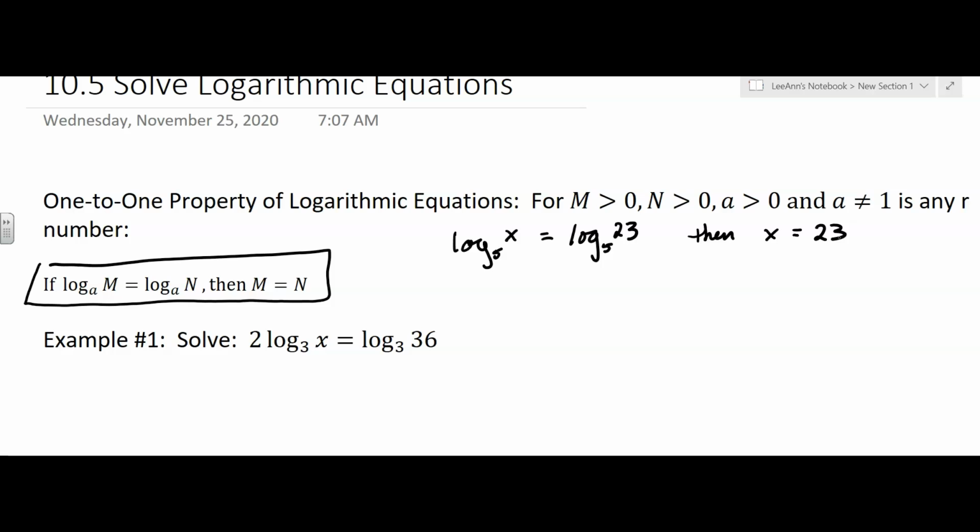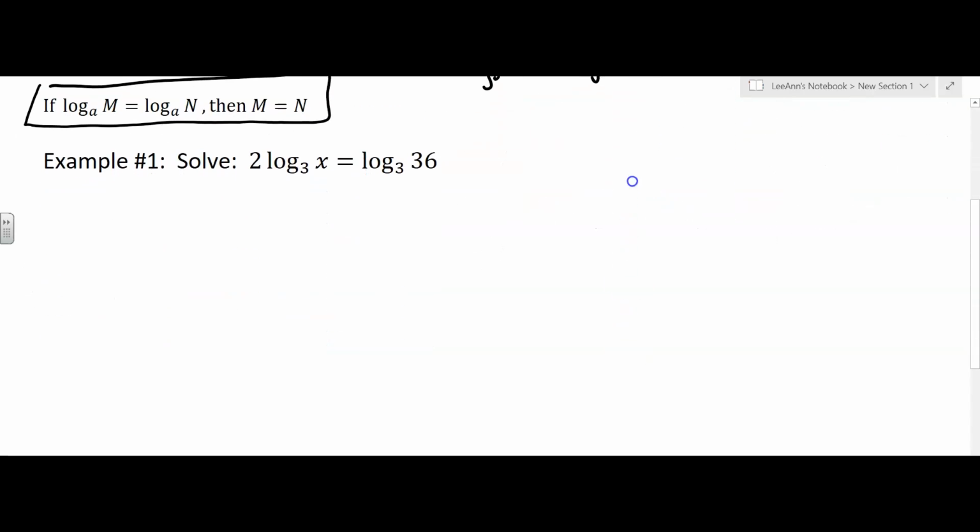Okay, so we'll try an example. It takes a while to get used to these. So right now, I don't have just log base 3 on the left. I have 2 times log base 3 of x. On the right, I have log base 3 of 36. Okay, so what I want to do first is get that 2 back up on the exponent spot.